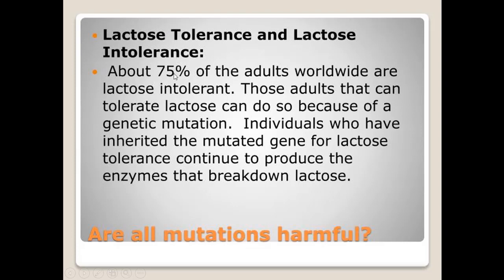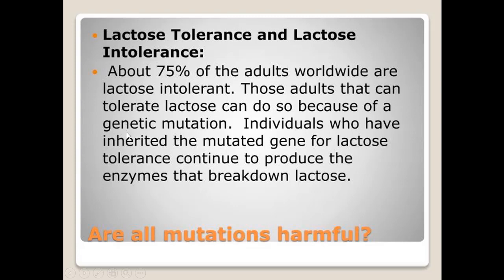About 75% of adults worldwide are lactose intolerant, meaning they cannot digest the lactose found in milk. Those adults that can tolerate lactose can do so because of a genetic mutation. Individuals who have inherited the mutated gene for lactose tolerance continue to produce the enzyme that breaks down lactose.